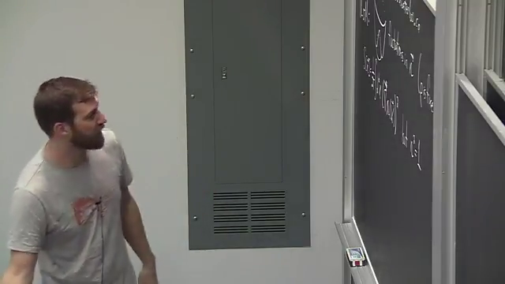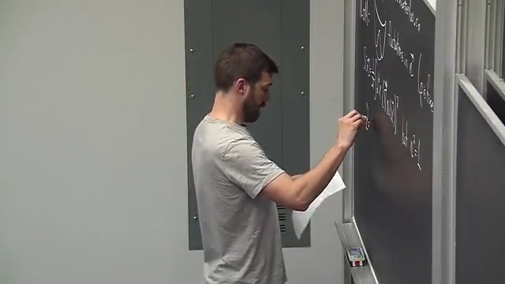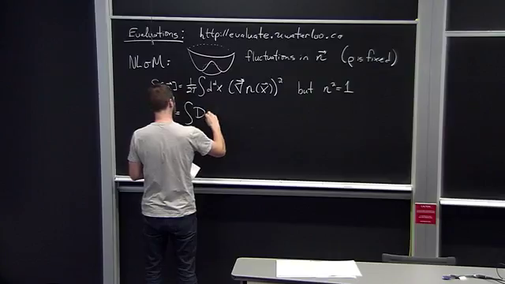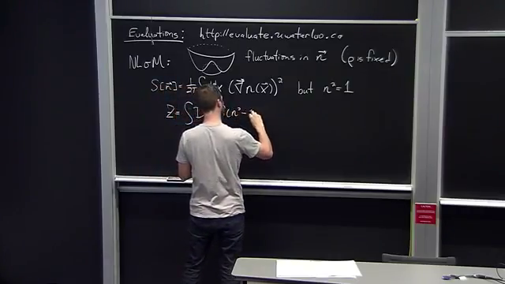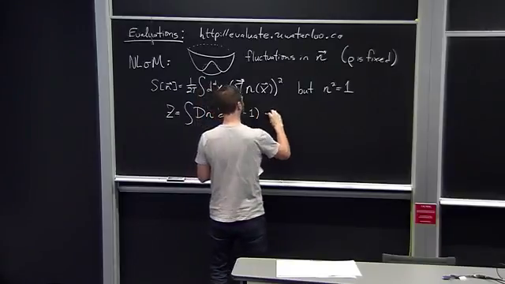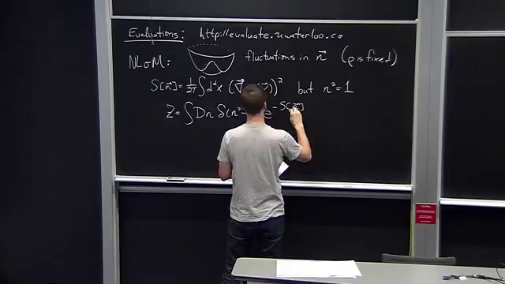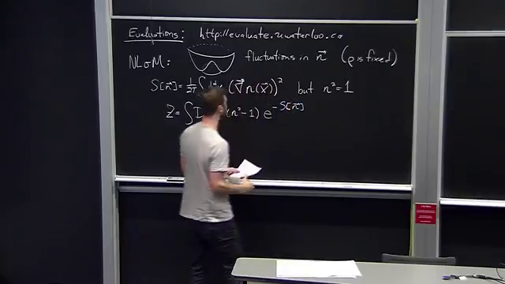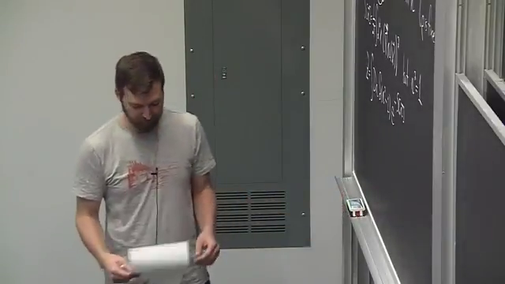So the partition function, well, it's a functional integral over n, is usually written such that that constraint occurs there. Just a delta function, n squared minus 1.